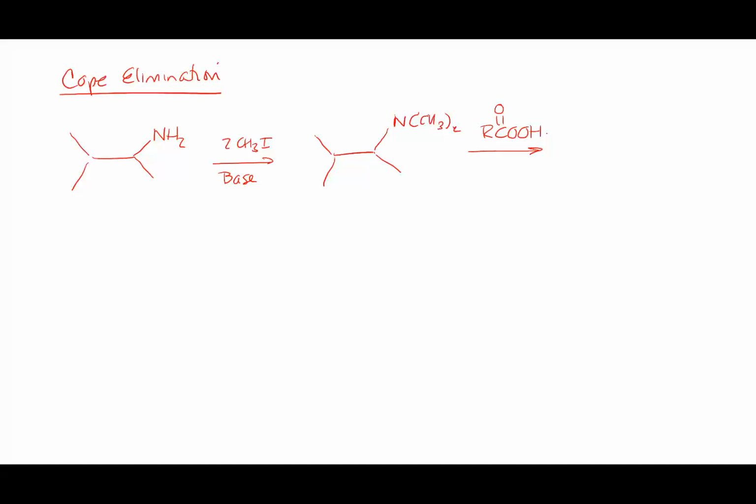There's primary, secondary amines, but then if I oxidize that nitrogen, what I end up doing is putting an O onto that nitrogen, and the O has a negative charge, while the nitrogen then will have the 2 methyl groups, the O, and a positive charge.